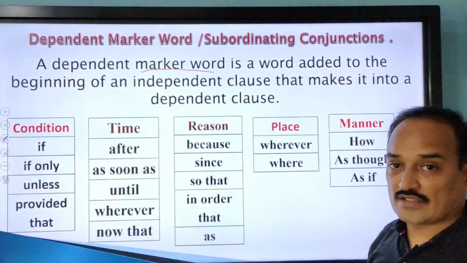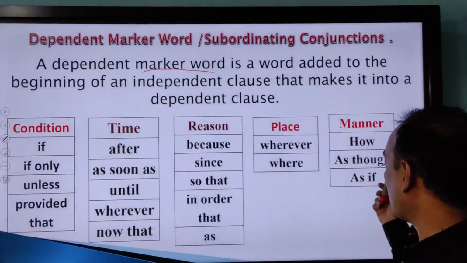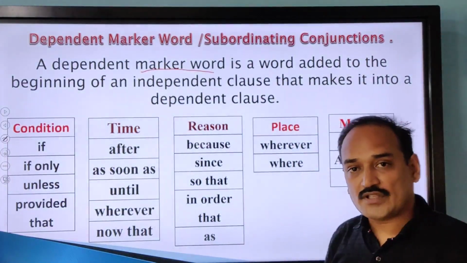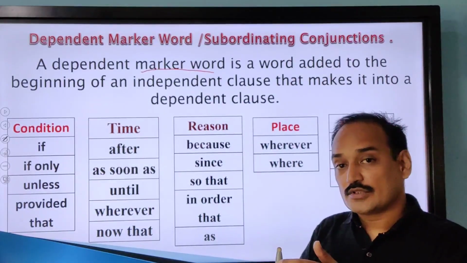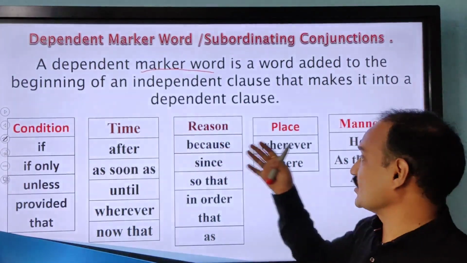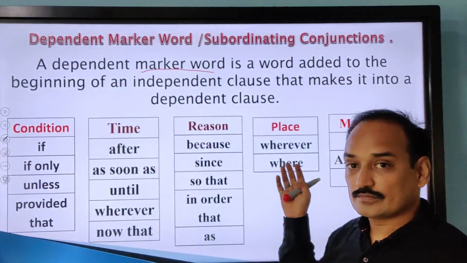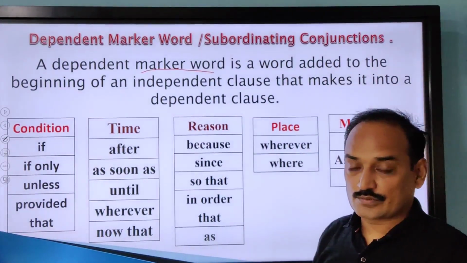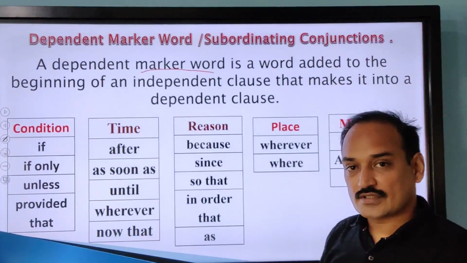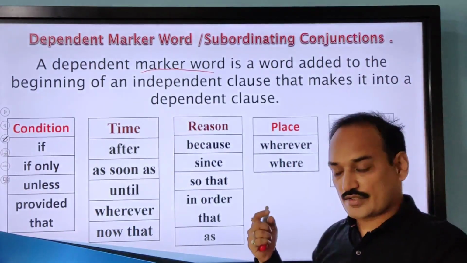One more is manner. That is how, as though, as if. The rules applicable for adverbs, that is place, time, condition or manner, are the same rules applicable for adverb clauses also. The only difference is that one is a word, this is a clause.